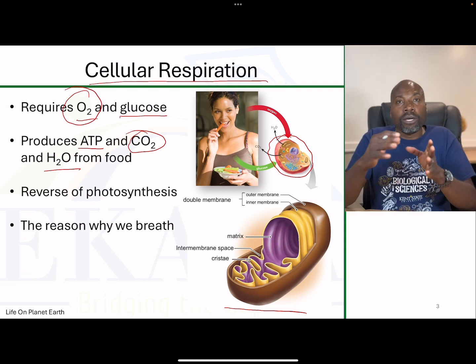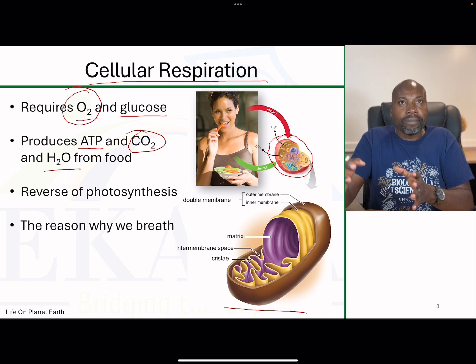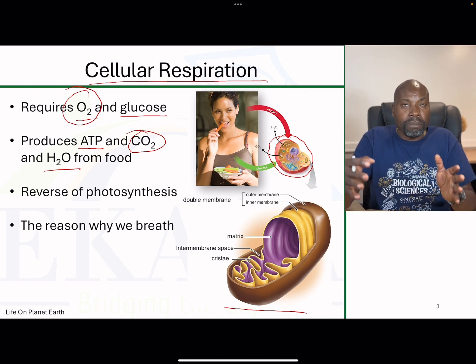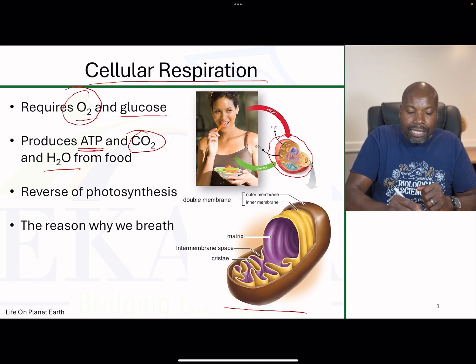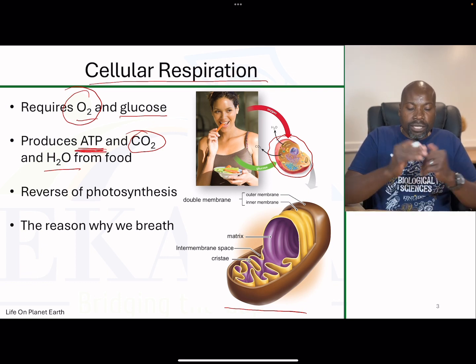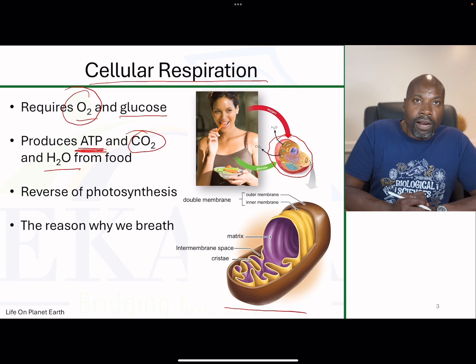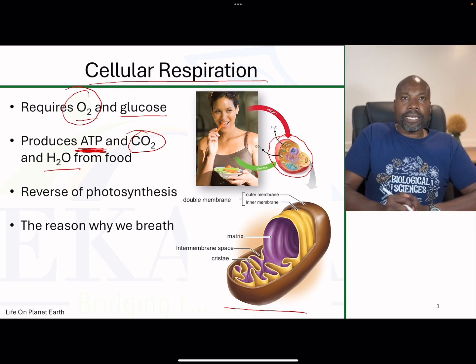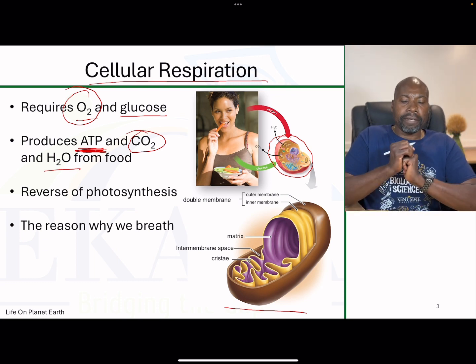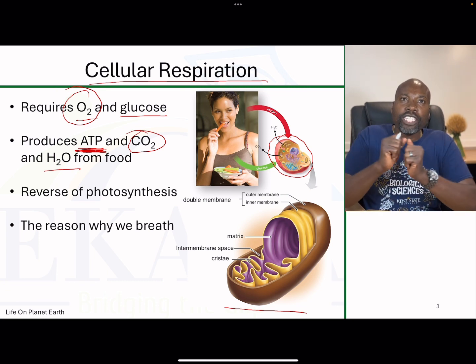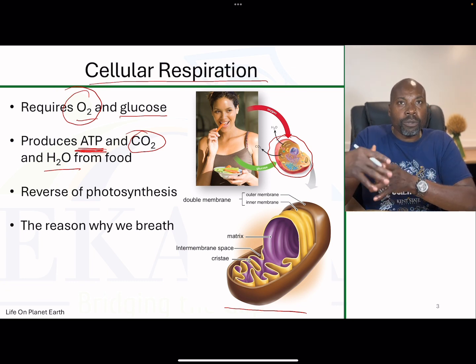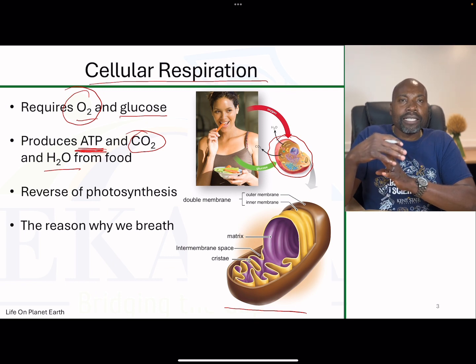Now, there are other forms of energy, but for simplicity, we are going to focus on the breakdown of glucose and how from glucose we produce the ATP that is necessary to sustain the cellular activities in our body.